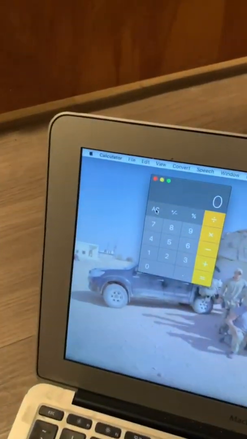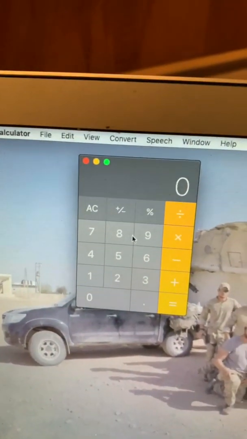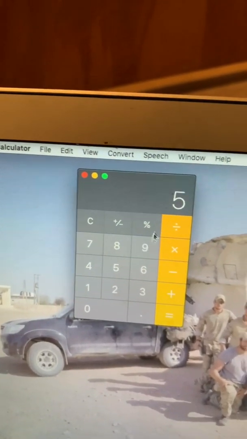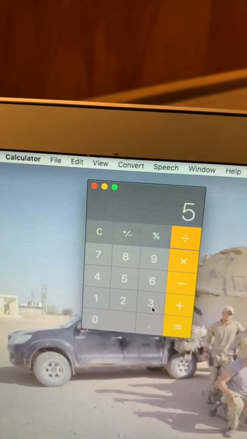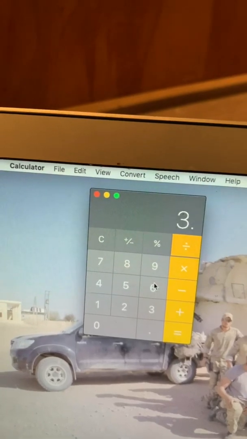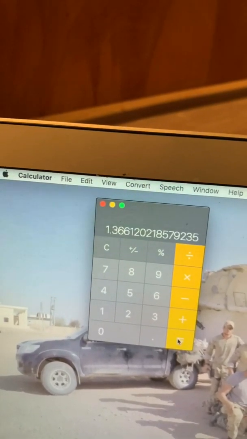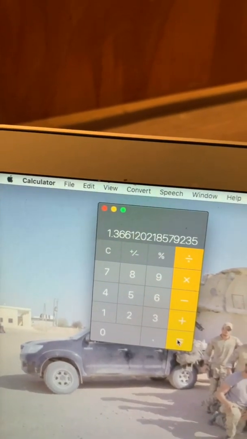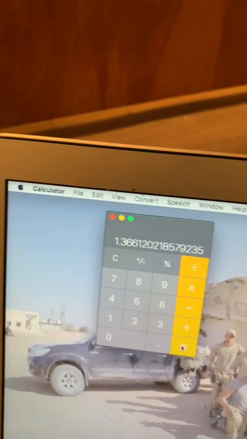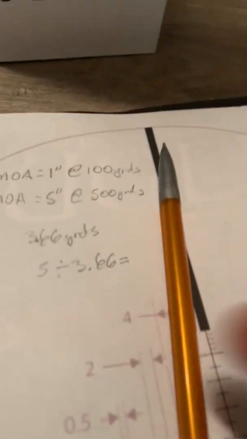So we're going to go ahead and go to the calculator here. Put our known in. 5 divided by 3.66 equals 1.366. We can go ahead and say 1.35 or 1.37. 1.37 MOA.